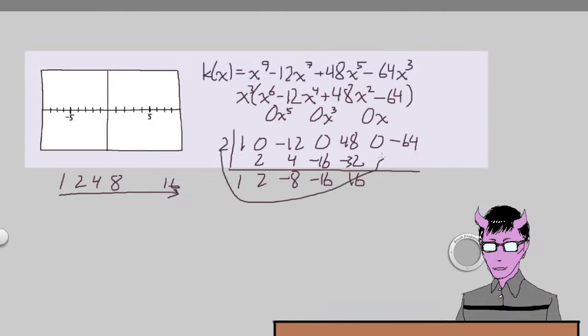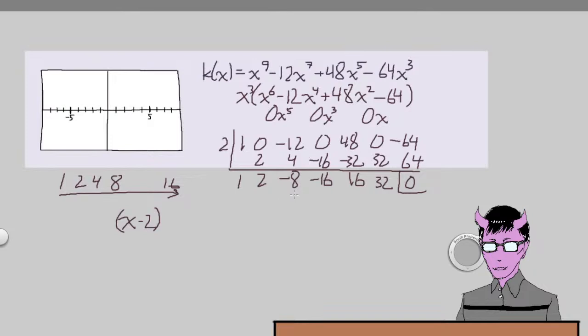So 2 times 16, sum, and then multiply. Perfect. It worked out. What do you know? Anyway, that's wonderful. So this works as a zero because it got us 0 remainder. Therefore, our factor, at least one of them, is x minus 2.